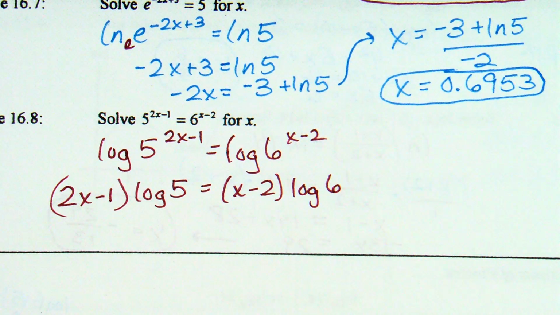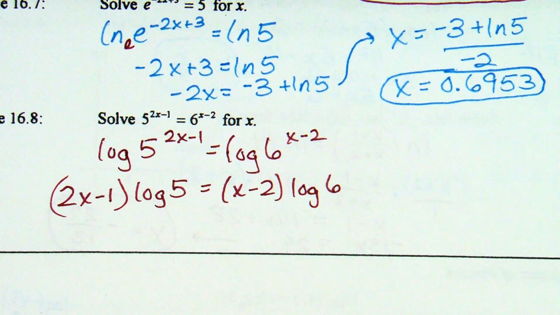Well, that's the thing, it's not pretty. I'd rather leave it in log form. Just distribute. And here's my reasoning: sometimes it will work out to be pretty numbers, sometimes it will not be. Technically, I guess you could go ahead and do each of these.